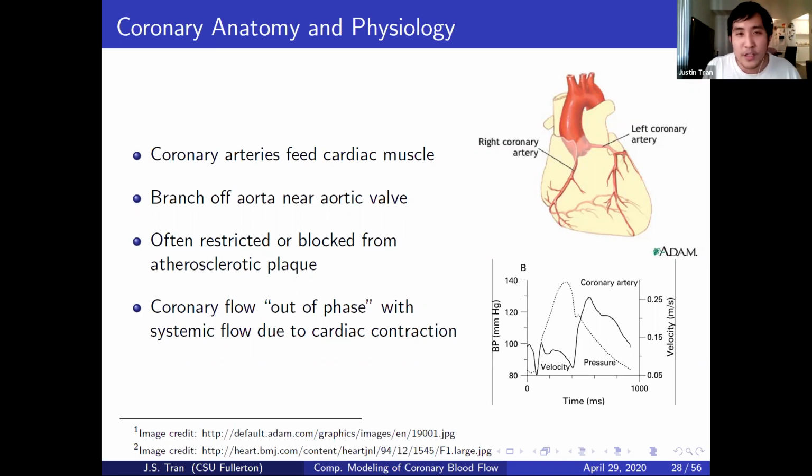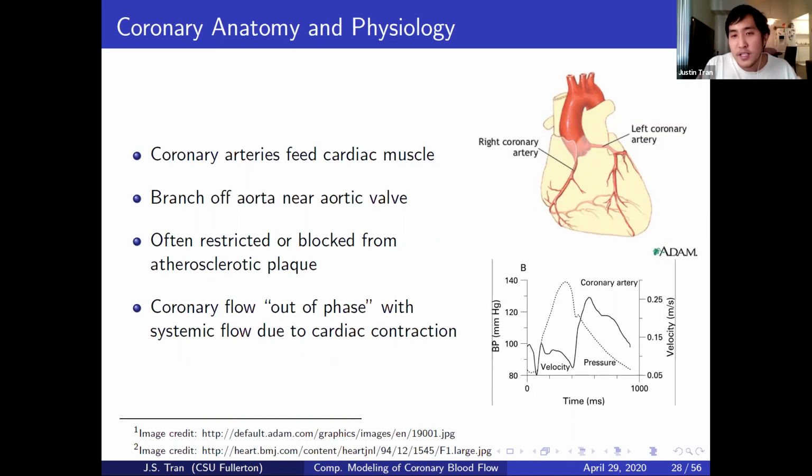The blood vessels that I mostly focus on are the coronary anatomy. Your coronary blood vessels are the vessels that wrap around your heart. The name comes from coronary being another word for crown. If you look at these blood vessels, they form a crown that goes around your heart. These vessels are extremely important to your body.